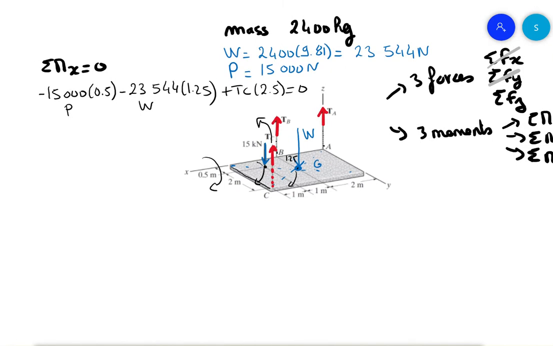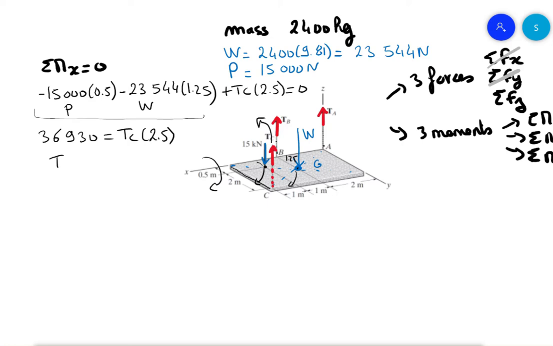But thanks to that, we can find the value of everything there on the left. Let me do that in my calculator. So we have 15,000 times 0.5 plus the 23,544 times 1.25. So this is 36,930. And this is equal to TC times 2.5. Okay, I put TC times 2.5 on the other side, it's minus, and all my minus, I can remove them and have them plus.